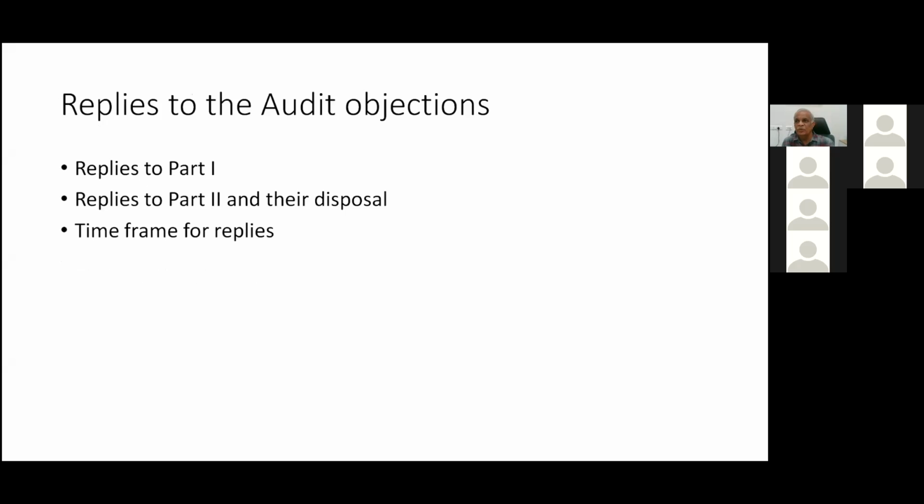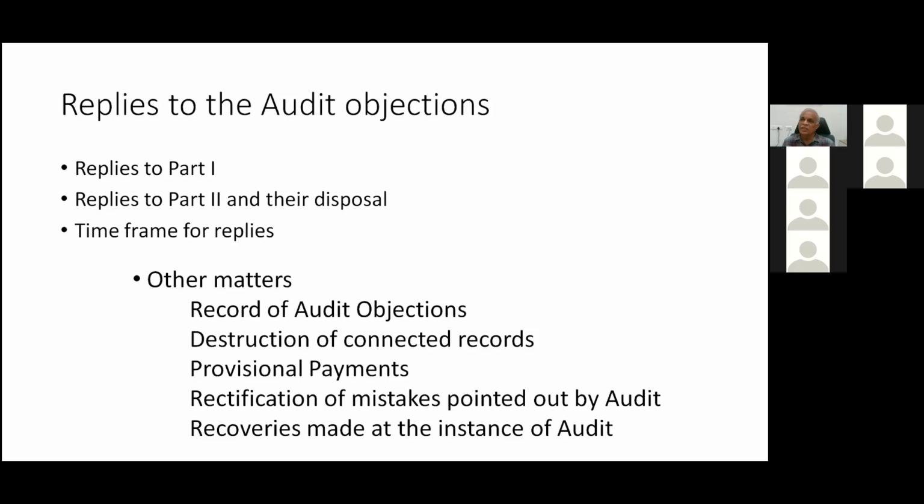What is a rejoinder? On the reply given by the executive, if more observations are made by audit, we call them a rejoinder. That rejoinder reply should be given within 7 days, and if that is not followed, then we will be holding bipartite meetings.